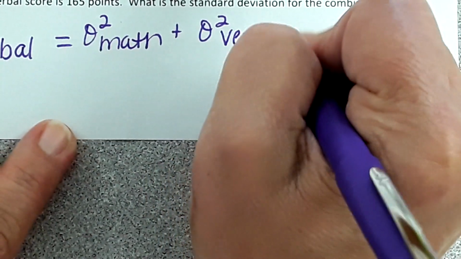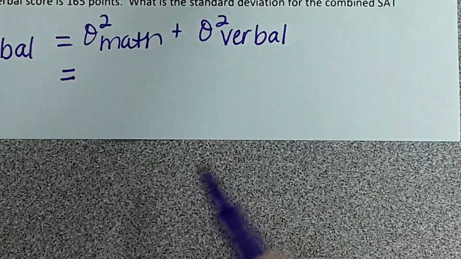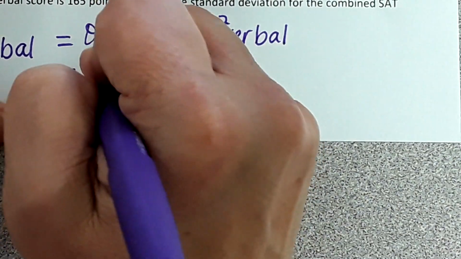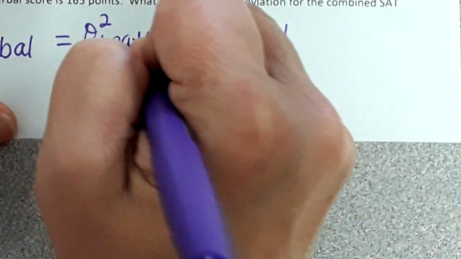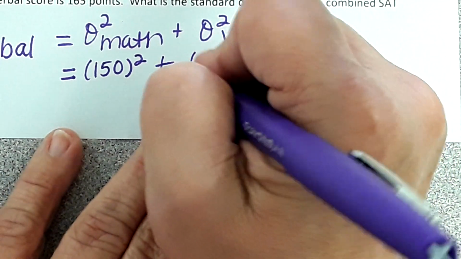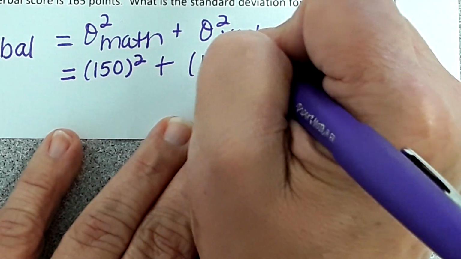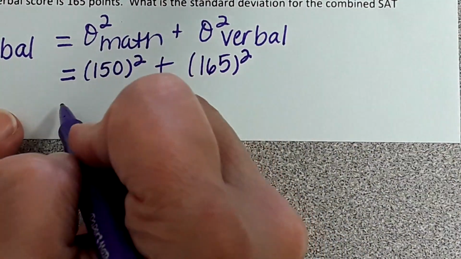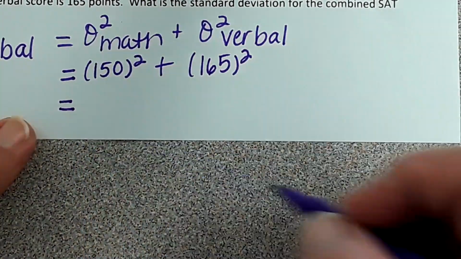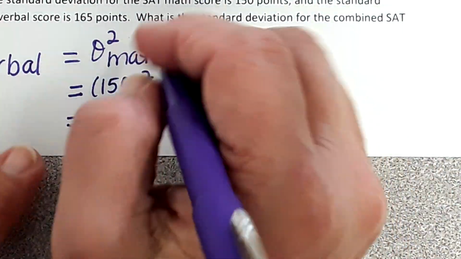Not standard deviation, variance. So the math standard deviation is 150, so that would be 150 squared. The verbal would be 165 squared. Anybody know what 150 squared is?